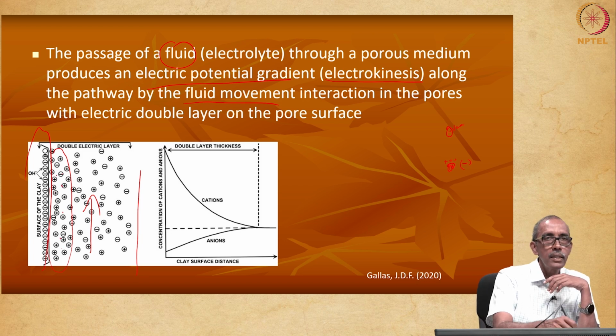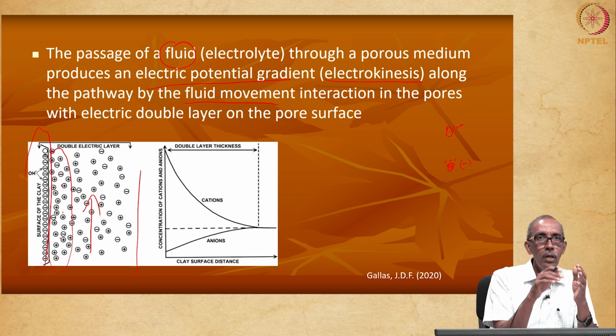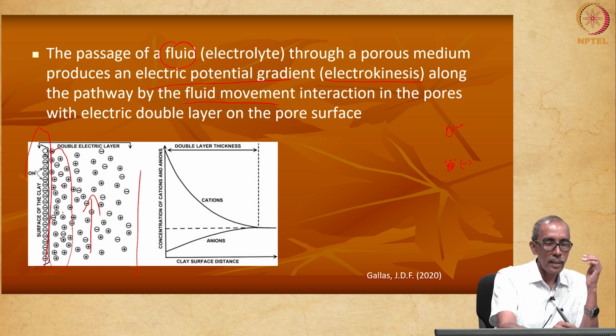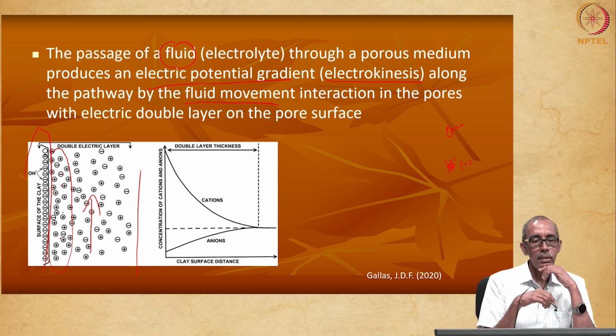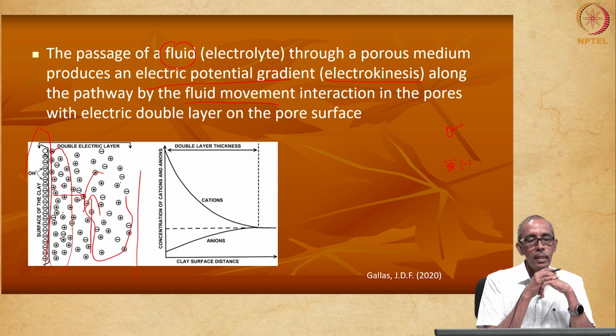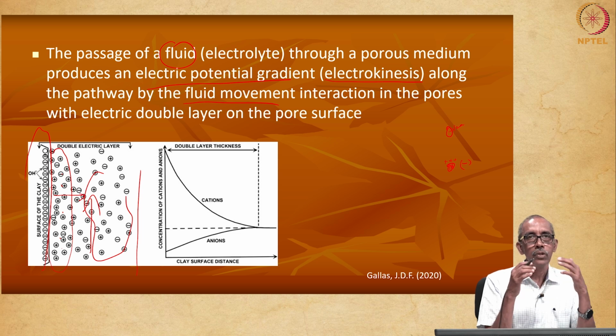Mostly this region has got positive ions, though they are in water, right. These ions form a cloud because negative ion here attracts the positive ions, right. And as you move away from the negative surface, here you have both positive and the negative ions, right. So, you have a kind of double layer.